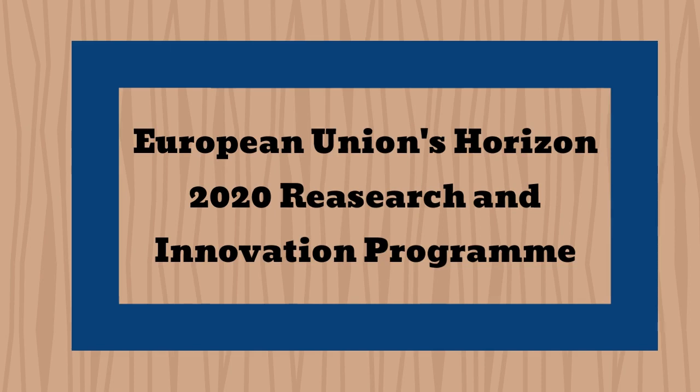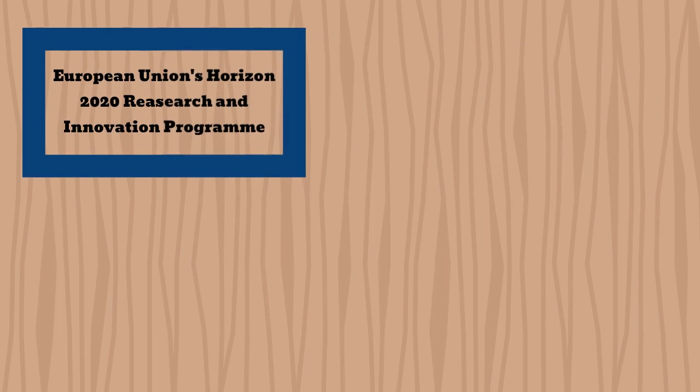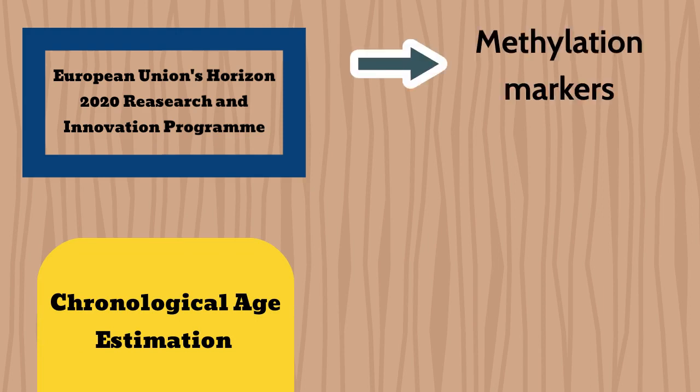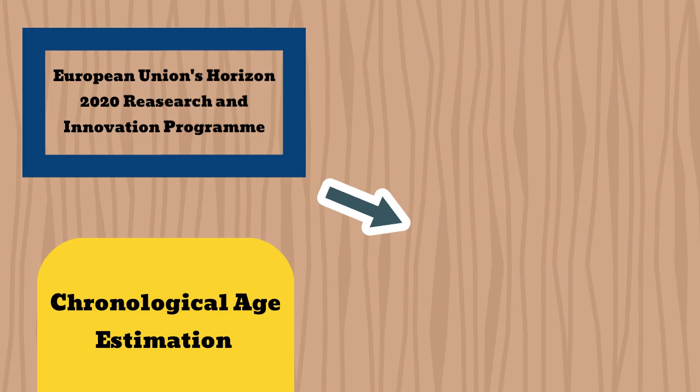European Union's Horizon 2020 Research and Innovation Program is one of the few programs that is involved in developing analysis for estimations of chronological age. They are responsible for finding the best methylation markers and optimizing standard protocol and method of the analysis.